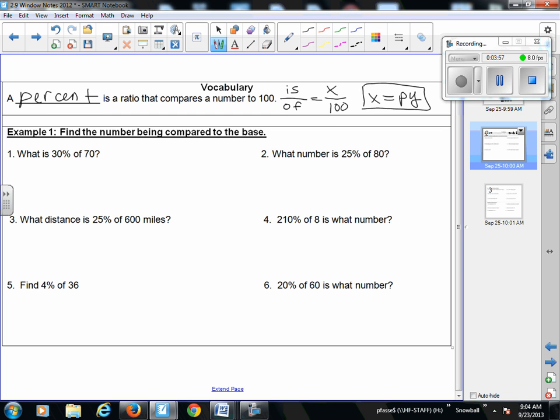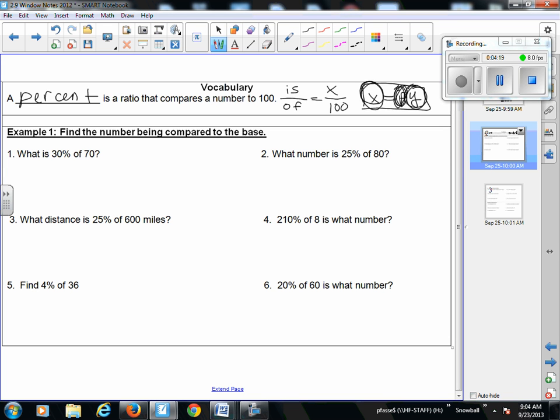You can use is over of equals x over 100 if you'd like, but I'm going to simply show the x equals p times y. So within this equation, they're going to give you either the number and the percentage, and then you have to find the other number, or they're going to give you, for instance, the number and this number, find the percentage, or they're going to give you a percentage of a number and figure out what that is on the other side.